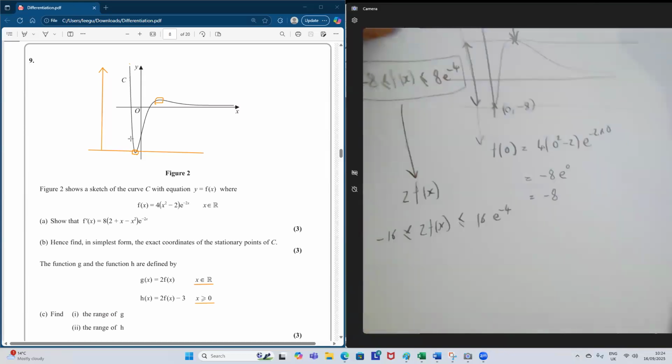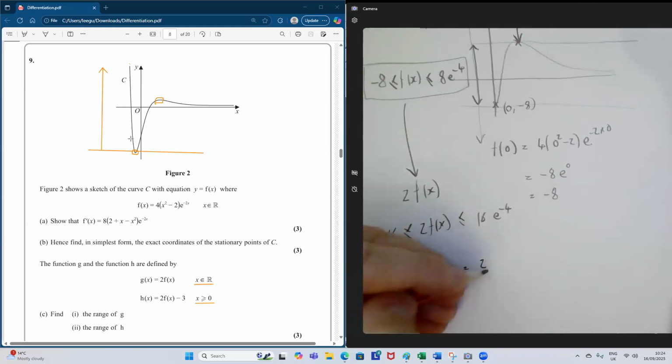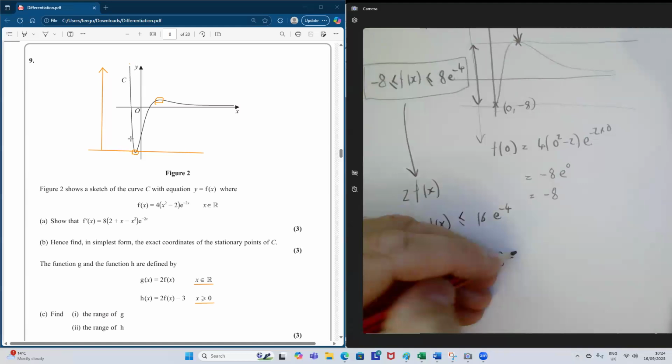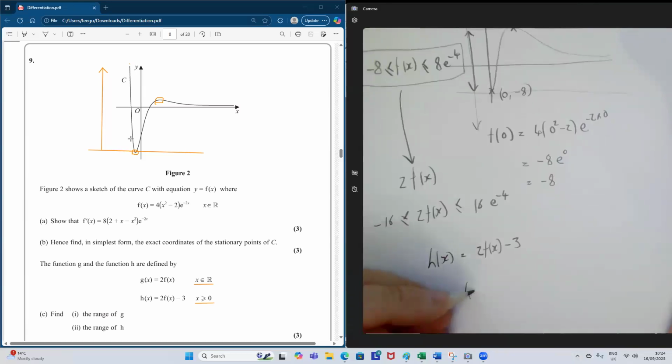And we're almost there now, because our h of x is equal to 2 times f of x minus 3. So we just need now to look at our coordinates, and we need to take 3 off these. So we can say that the range of h of x is going to be less than or equal to 16e⁻⁴ take away 3, because the whole graph is getting moved down by 3.